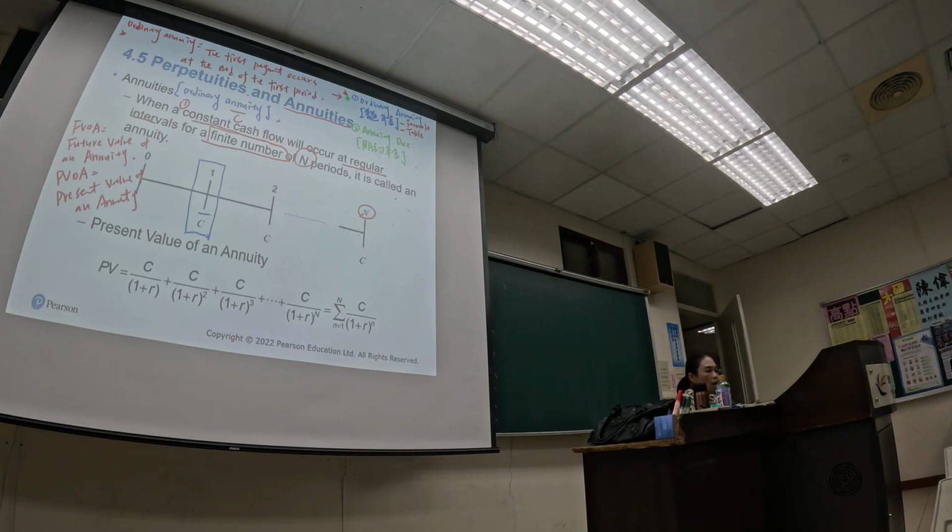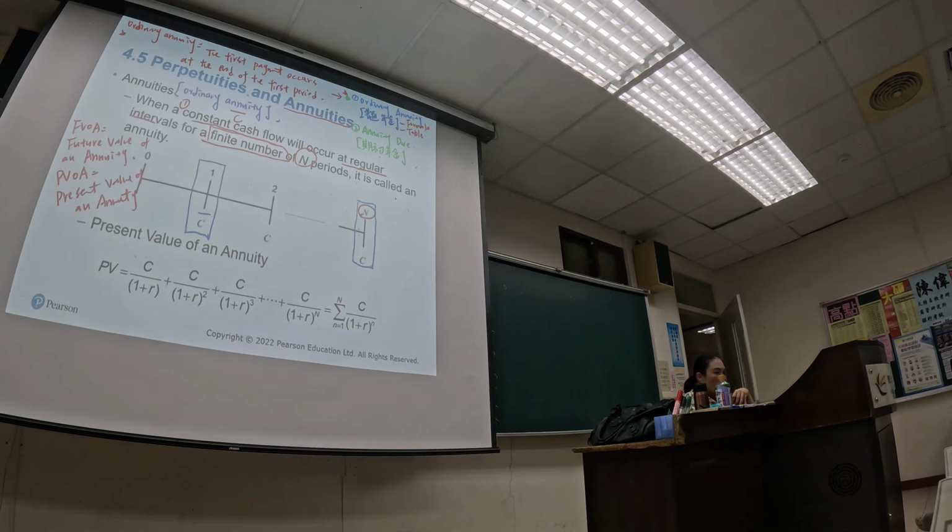This is an ordinary annuity, okay? Pay attention. So again, if every period you have a C cash flow, and then it lasts until n periods, then we are able to compute its present value, right?